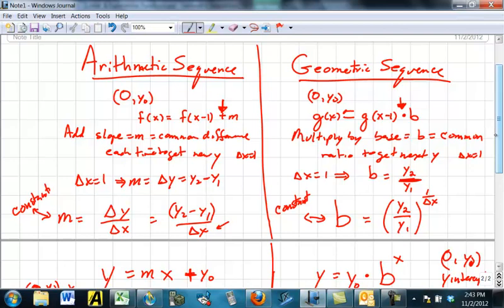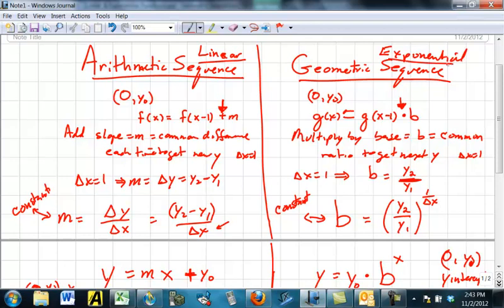Anytime we had multiplication in arithmetic, we now got a power in geometric. And everywhere we had division in arithmetic, we have a root or a fraction power over in the geometric. Okay? And of course, if we extend the domain to all reals, this is linear functions, and if we extend the domain to all reals over here, this is exponential.